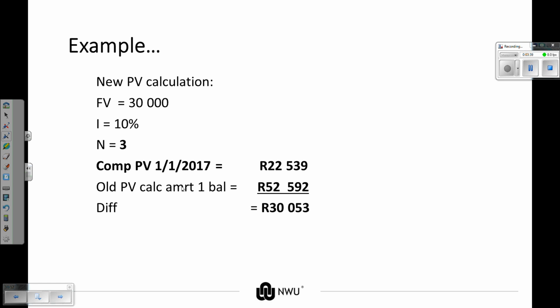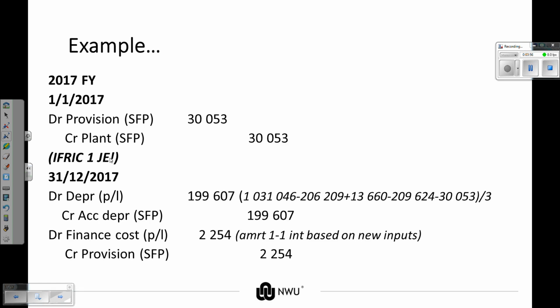My old present value calc, so amort 1.1 balance, based on my previous inputs, where my future value was actually 70,000. My balance in my books will be 52,000. So can you see my provision actually should decrease with 30,000. So my IFRIC 1 journal entry will be decrease provision 30,000, credit my plant 30,000.